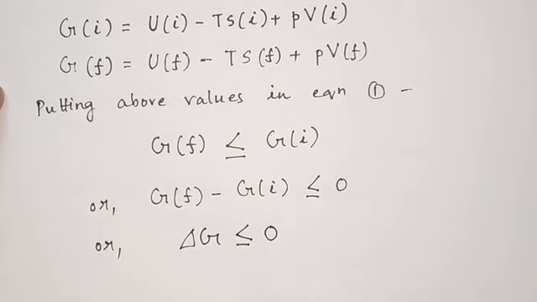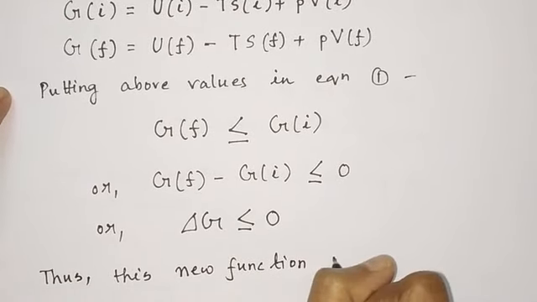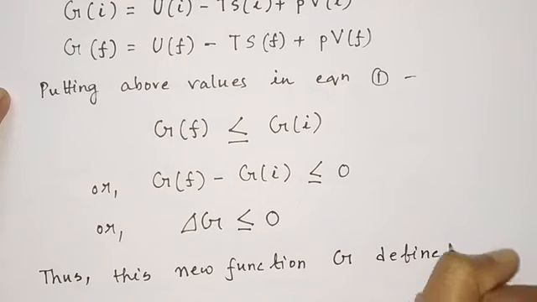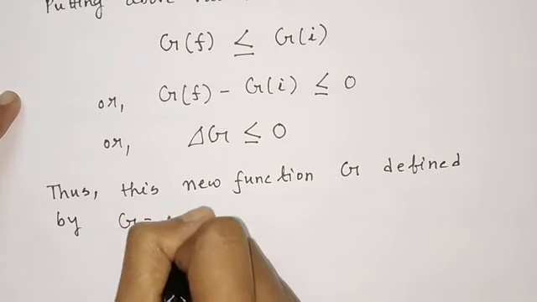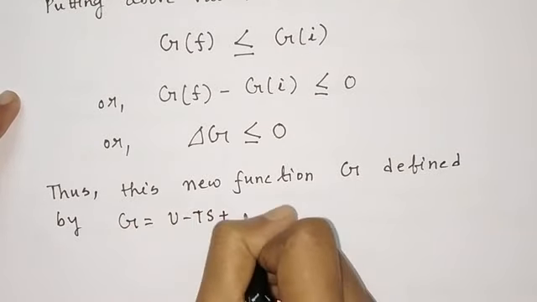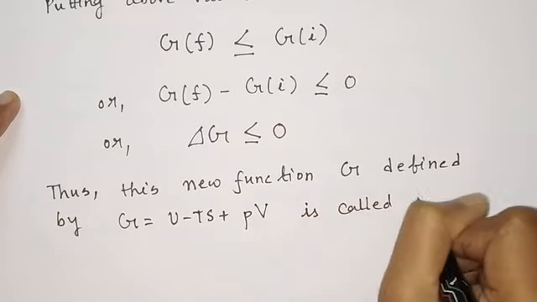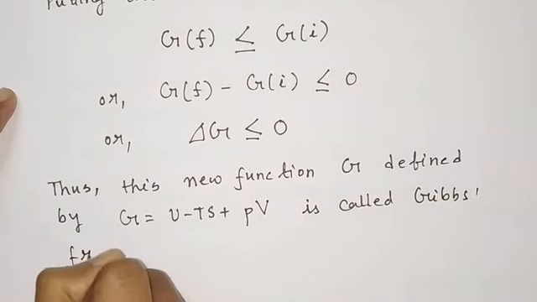Thus this new function G, defined by G equals U minus TS plus PV, is called Gibbs free energy.